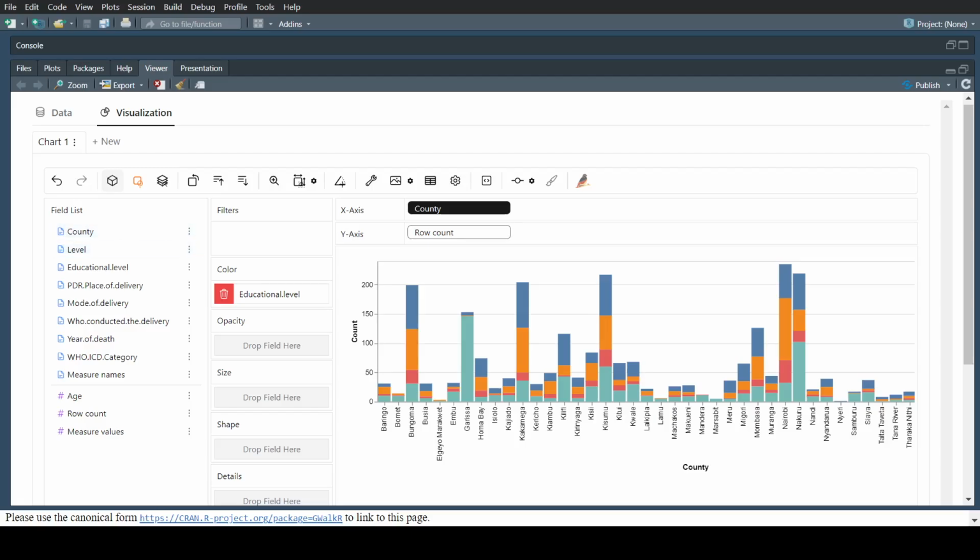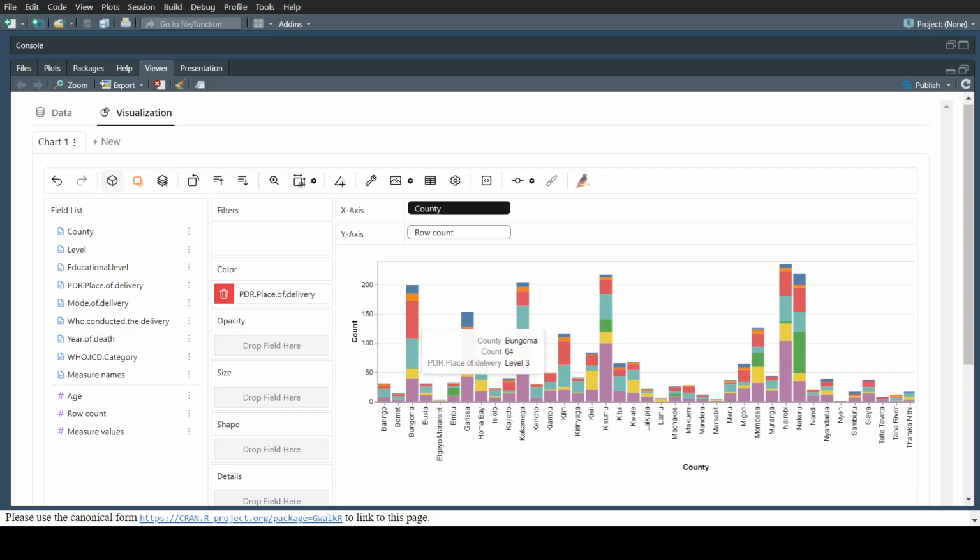So let's look at another variable, maybe place of delivery. In what kind of facilities did these women deliver, these women who died of maternal causes? This shows the same counties again, but now we're looking at a different dimension, which is where the deliveries occurred.